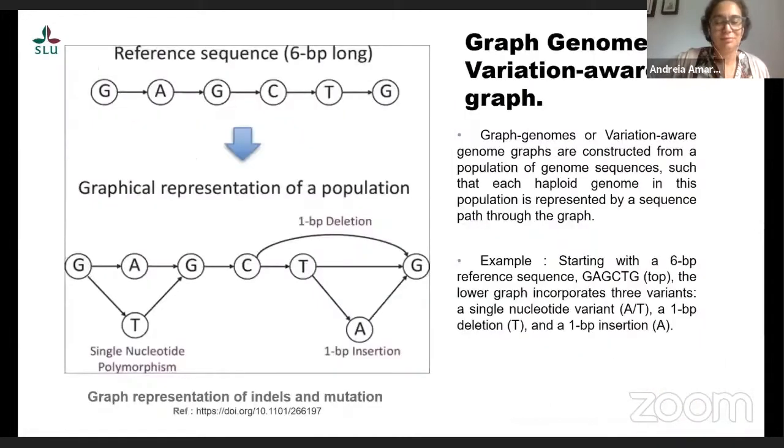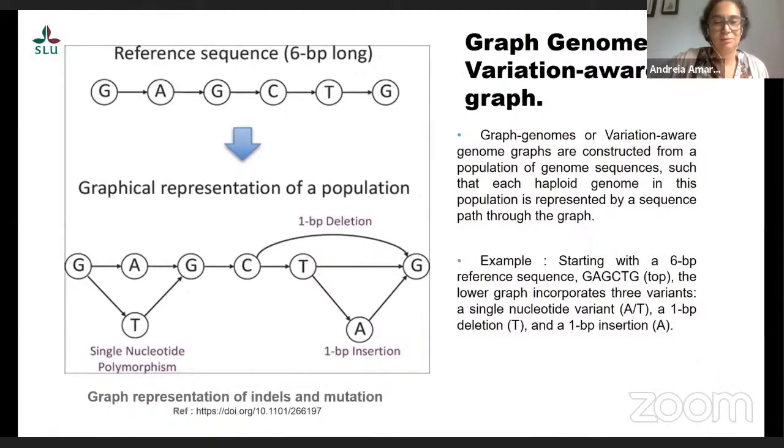Our aim is to build a graph genome. A graph genome is constructed from a population of genome sequences such that each haploid genome in this population is represented by a sequence path through the graph. Let's see this example.